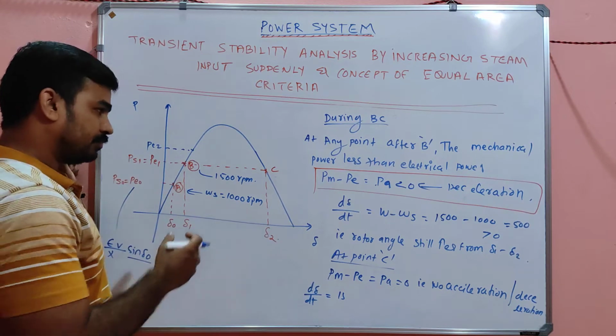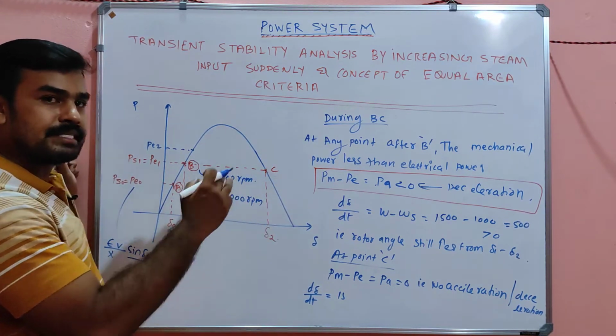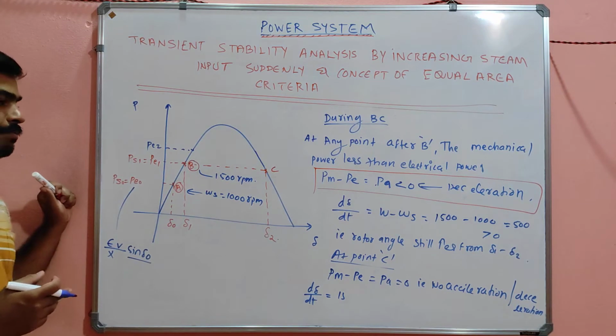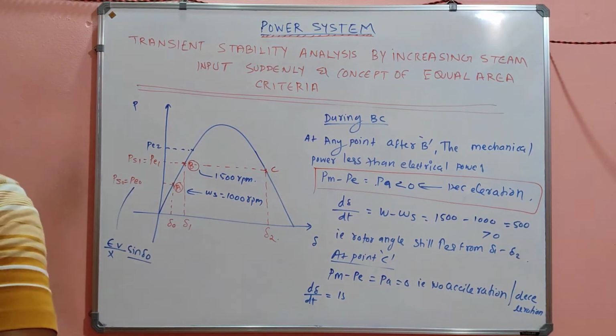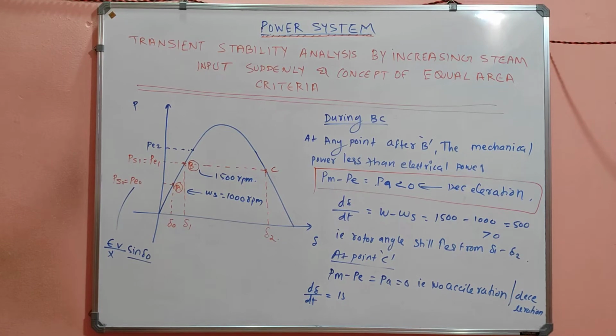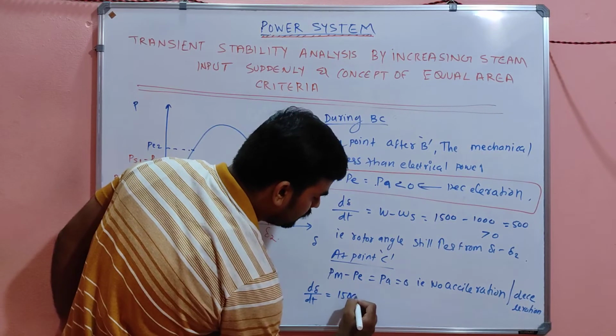The electrical power will be the same as the mechanical power. At point C, this will be 1500.